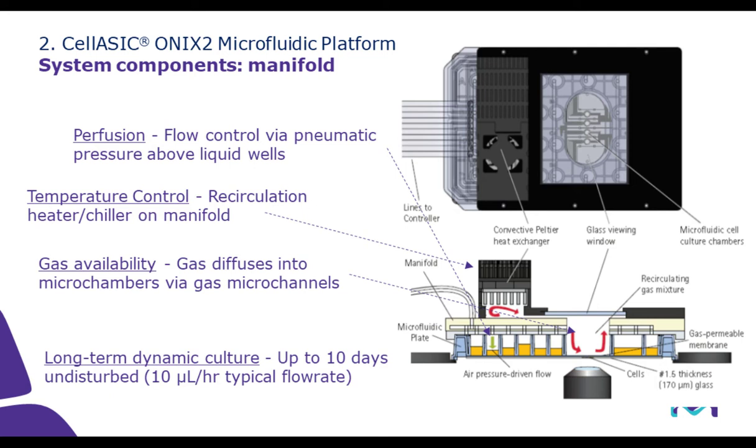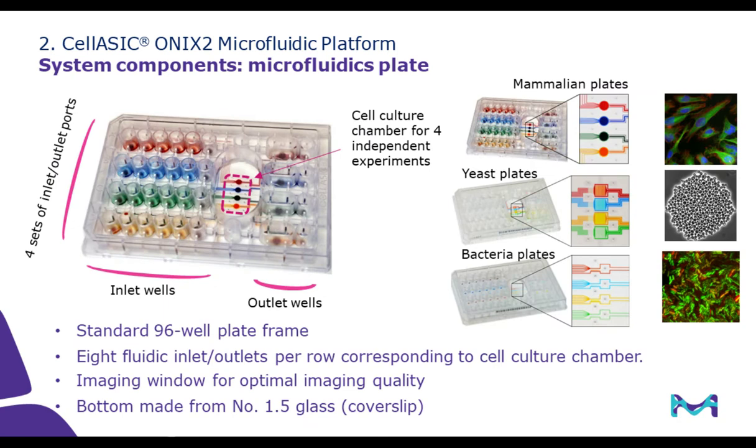And now the system is going to treat your cells, change gas content, or change temperature at certain time points, all by itself, while your microscope is taking pictures on the cells.